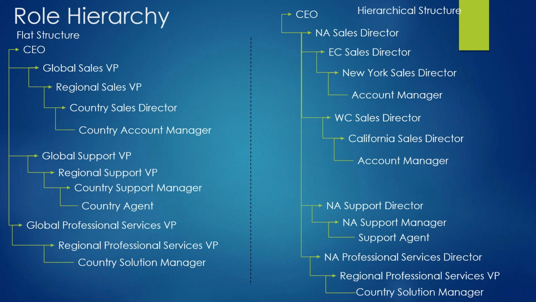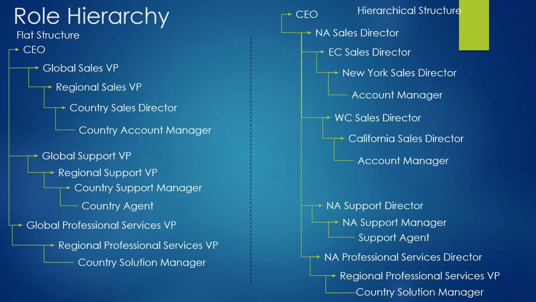Territories I'm going to talk about, but what I mean over here is regional based. Just for example, in the hierarchical structure, we have a North America sales director, then East Coast sales director, and West Coast sales director. And under this specific person, we have New York sales director, and the account manager is reporting to him. And this is the way we can also define our roles.